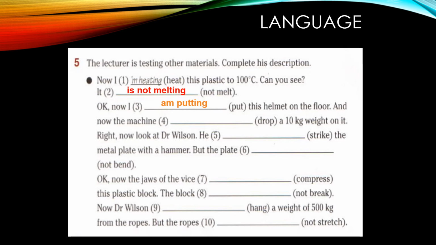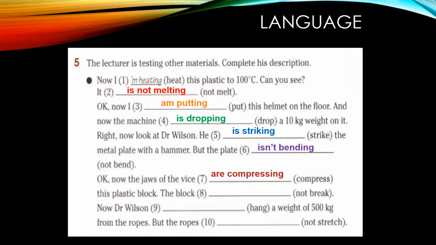Okay, now let's see. We will start from number 4. And now the machine is dropping a 10 kilogram weight on it. Right, now look at Dr. Wilson. He is striking the metal plate with a hammer, but the plate is not bending or isn't bending. Okay, now the jaws of the vice. Very good.